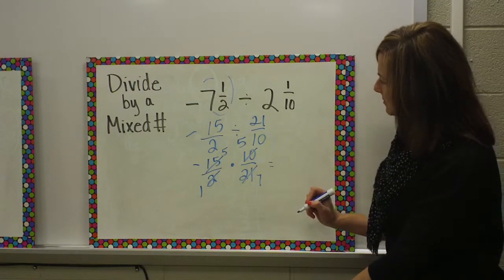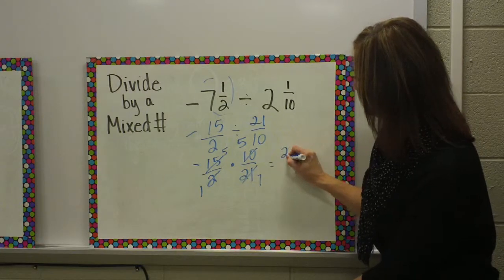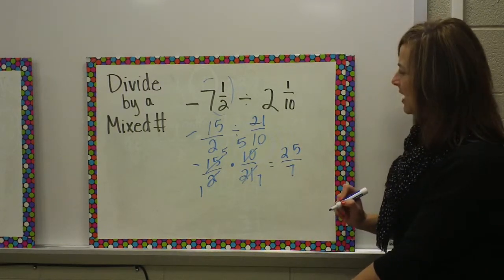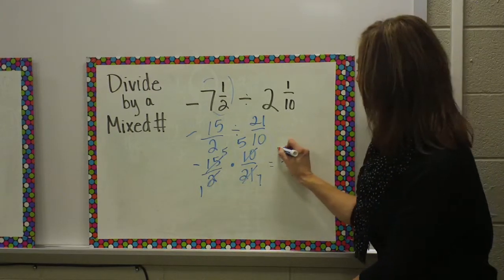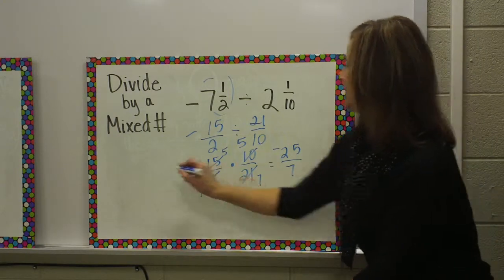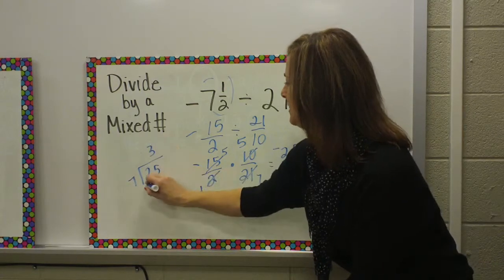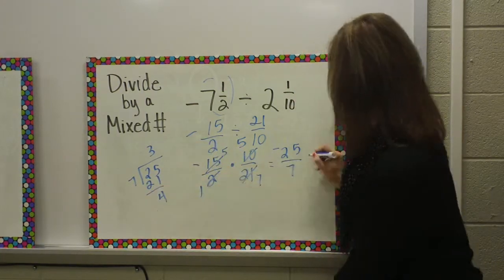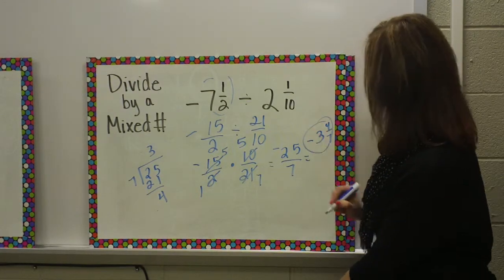So when I multiply this now, I have 5 times 5 is 25. 1 times 7 is 7. Because I have different signs and I'm multiplying, I'm going to have a negative product. And my last step is to divide. So 25 divided by 7 is going to be a negative 3 and 4 sevenths.